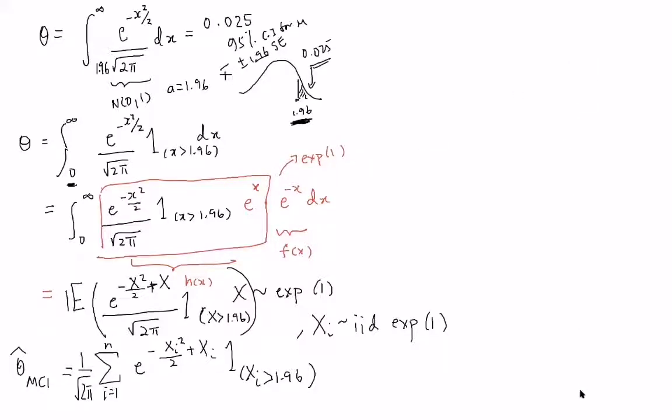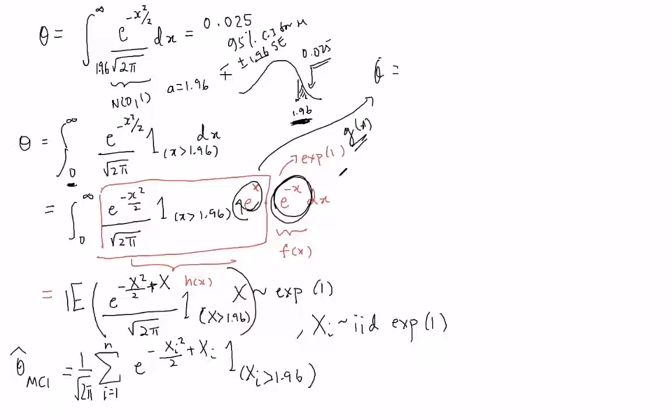Then we do importance sampling. So let's do the importance sampling now. How are we going to do it here? You need to introduce some g(x), and this g(x) has to be similar to your density here, f(x).